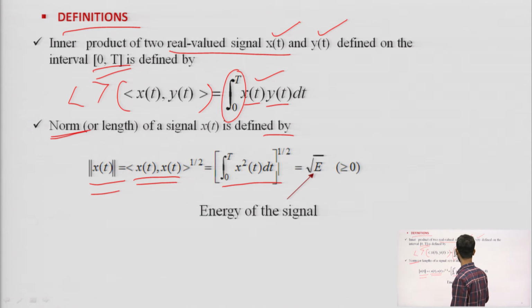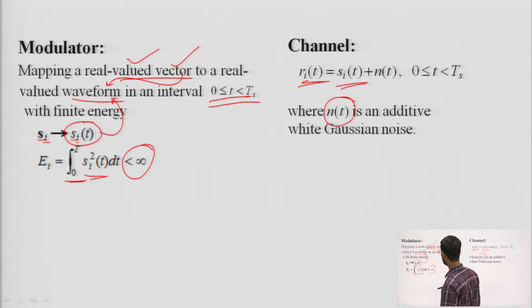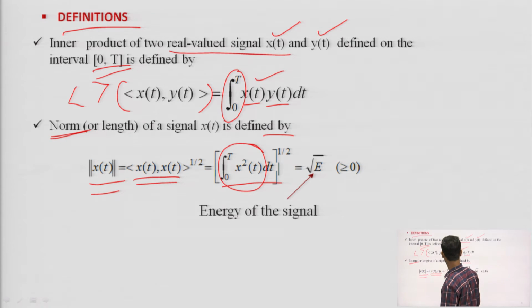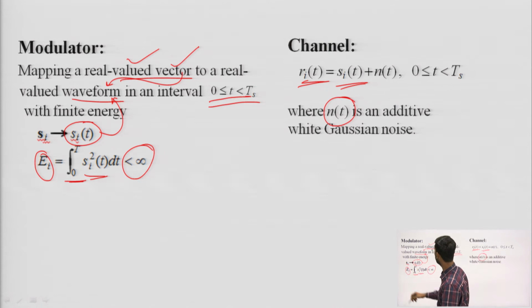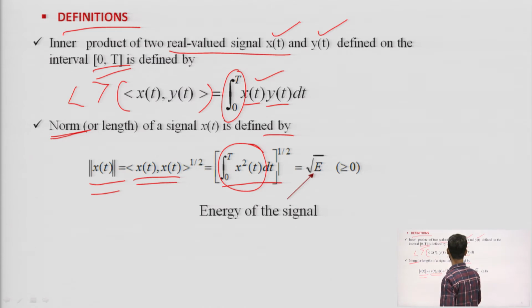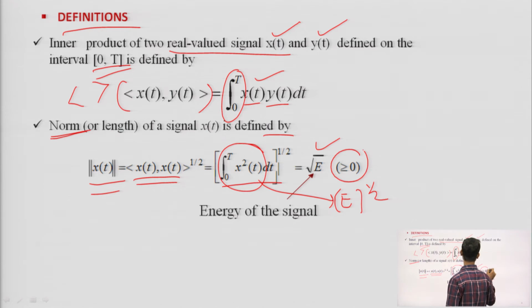I know this one is your energy E, so this is your energy E to the power half, nothing but root E. This is the energy of the signal and it should be greater than or equal to 0. Okay.